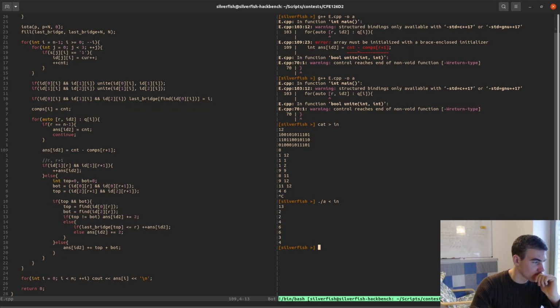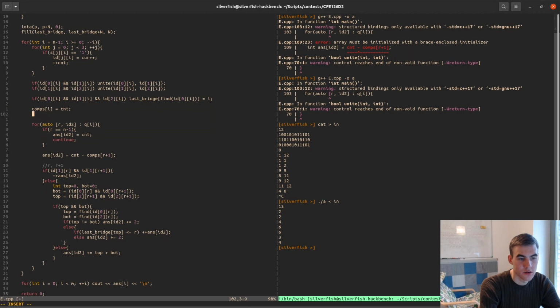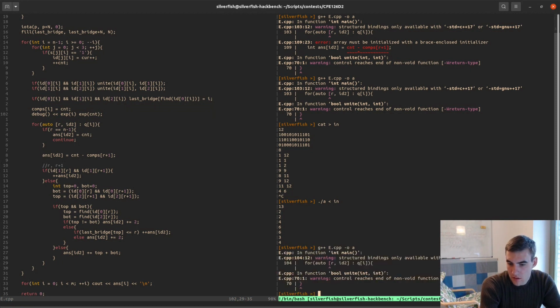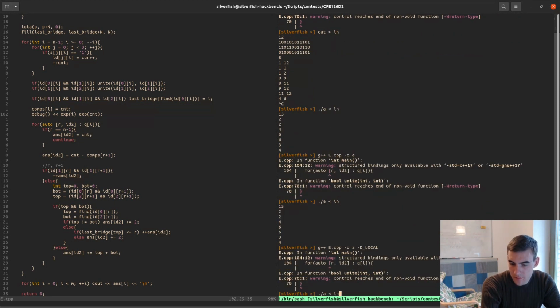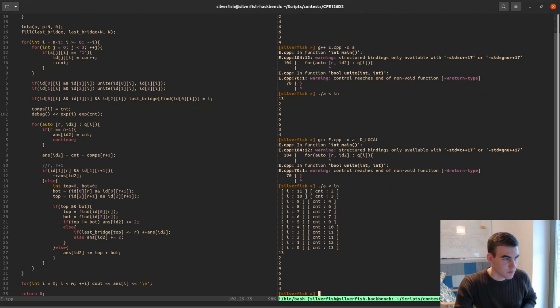Okay. Not completely correct. For each turn, count is 2, count is 3. It should still be free.